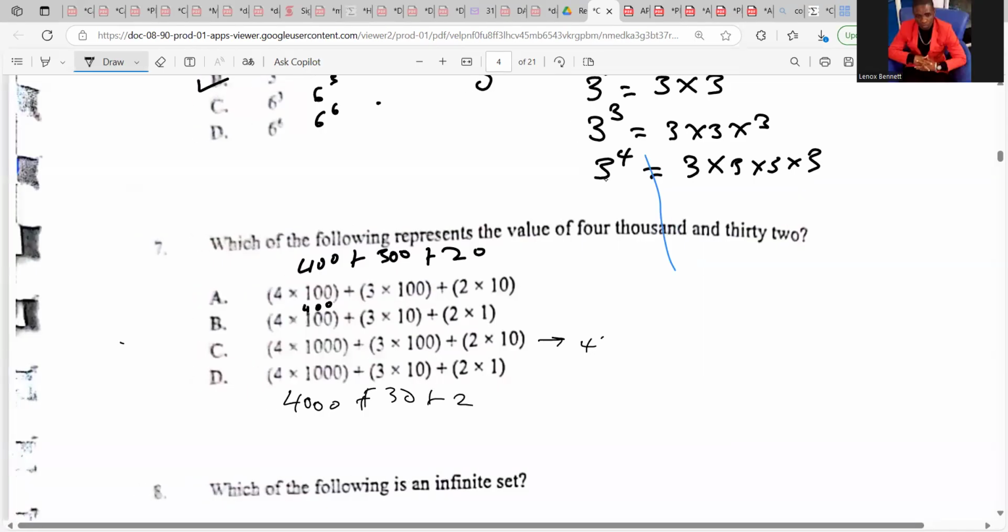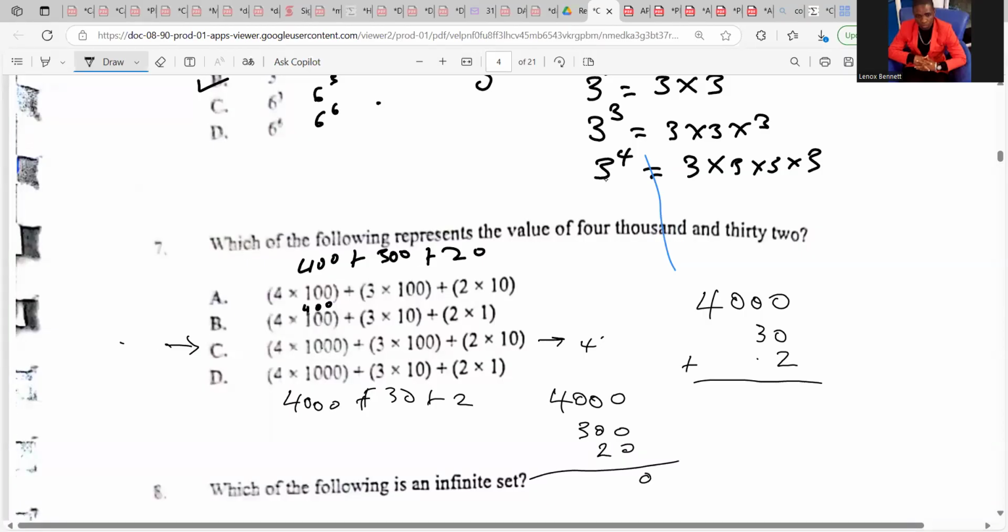All right. So guys, you can set it out like this, right? You could multiply them, set it out, and then you get the total. So you might be tempted to pick C, as he said, because this is 4,000, but look at C. It's 4,000 plus 300 plus 20.